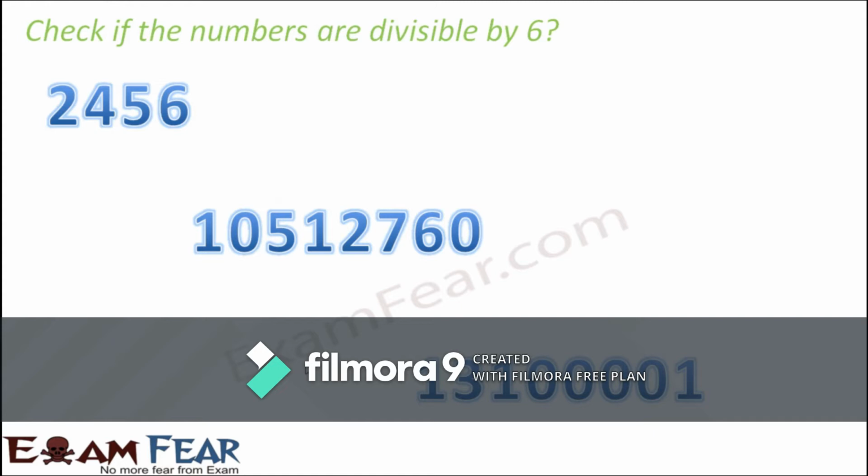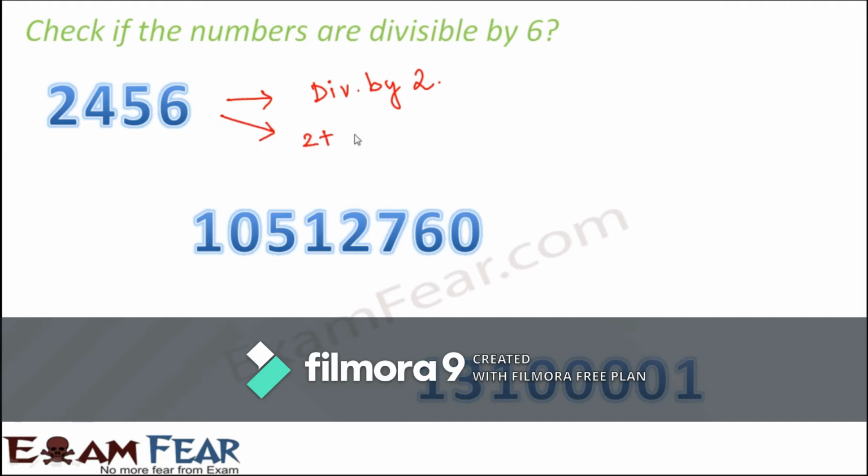So let us again check if these numbers are divisible by 6 or not. So the first number that we have is 2456. If you check its divisibility by 2, then this is divisible by 2 because at the units place we have 6.